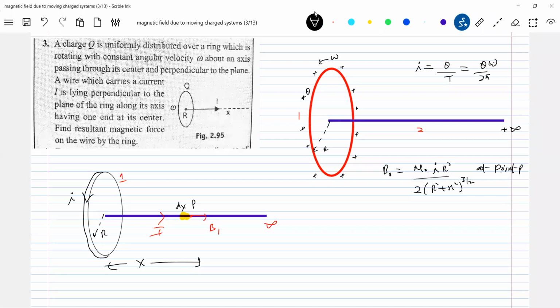They are in the same direction, no? So what is the force of interaction? It will be 0. The force experienced by that small element is B1 I dx sin of the angle between B bar and dl. What is the angle? It is 0, so the force will be 0. Like that you take every point on this semi-infinite wire, and the force experienced due to this rotating ring will be 0. So do remember this is the field produced by the rotating ring.